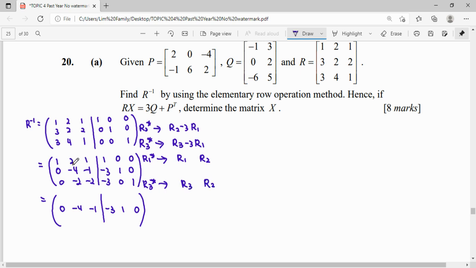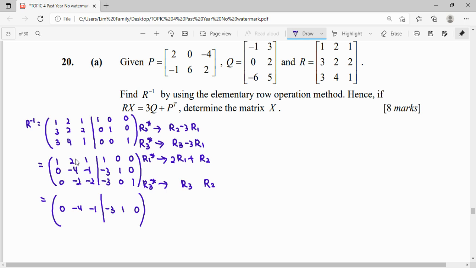When you want to change row 1 with row 2, the row 1 value is 2 and the row 2 value is negative 4. That means I will multiply row 1 by 2 and add. So the operation will be 2 row 1 plus row 2. Then we do it for the entire row.